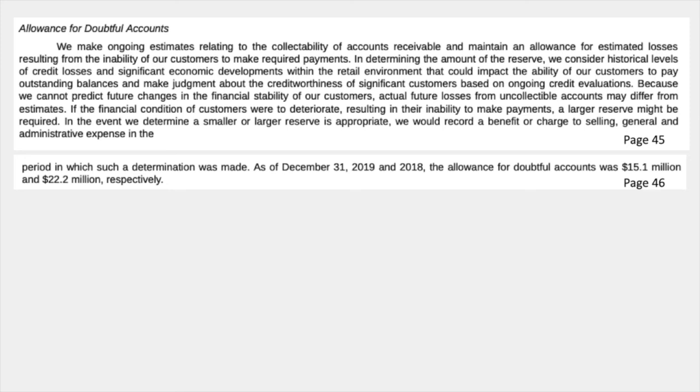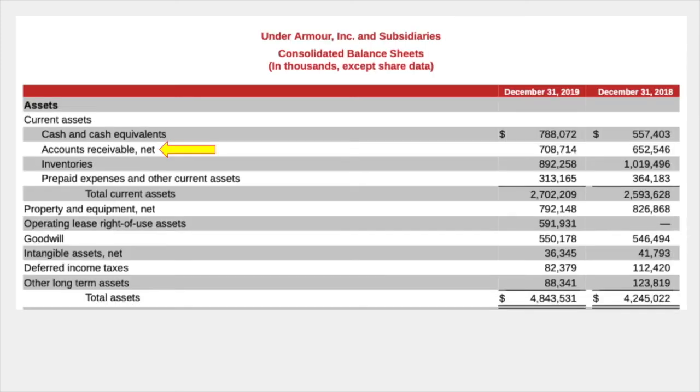So if we go back to their balance sheet and we see that they were owed $708 million at the end of the previous year, what does that look like? Well, if we add back the $15 million that they didn't expect to collect, they are actually owed $723 million, somewhere around there. But $15 million is expected not to be collected, so we have a balance left of $708 million.